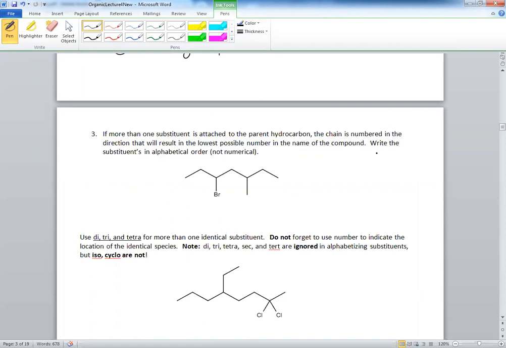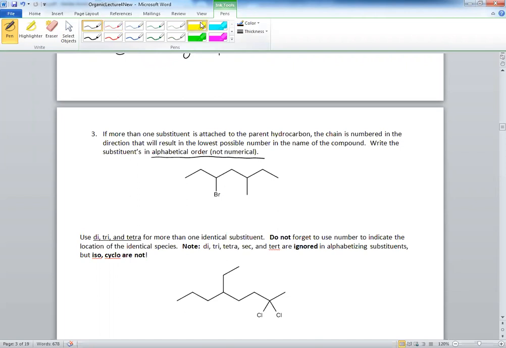So again, you need the lowest number possible. Write the substituents in alphabetical order, not numerical. So we always write things in alphabetical order no matter what numbers they have. They can have a smaller number at the beginning, but we still use the alphabetical order as a principle of writing the name.